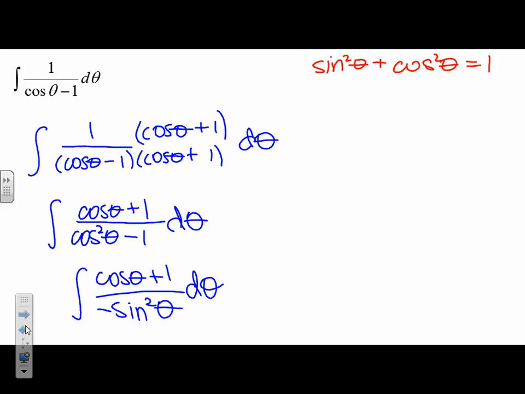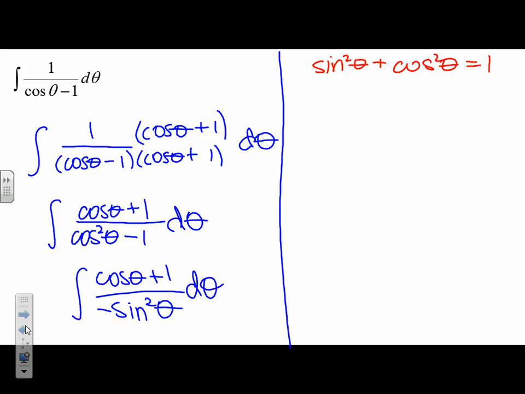All right. So now, how is this helpful? We can split the fraction, right? Because sine and cosine together make a pretty nice pair for u substitution.